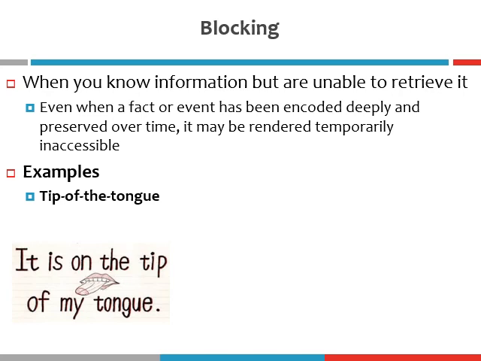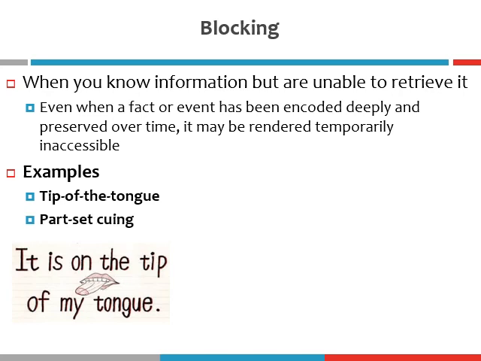So just do something else. Think about something else for a while. And eventually what you'll find is that when you're no longer focusing on the question or trying to retrieve the word, the correct information will become recallable or retrievable again. So that's one example of blocking.